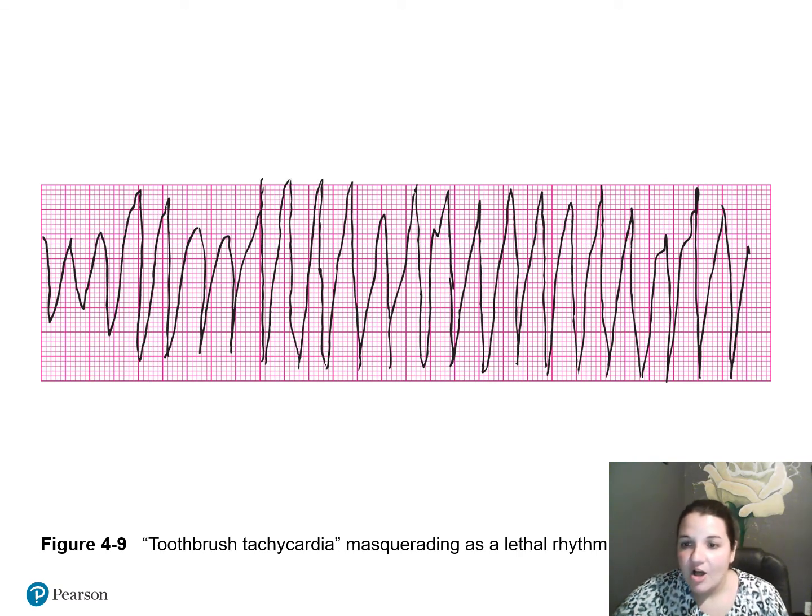So we all know that this cannot be good. That means this patient's heart is beating super fast. It's just ticking away like a bomb. This is called your toothbrush tachycardia. And you learned about tachycardia in chapter 7, I believe.